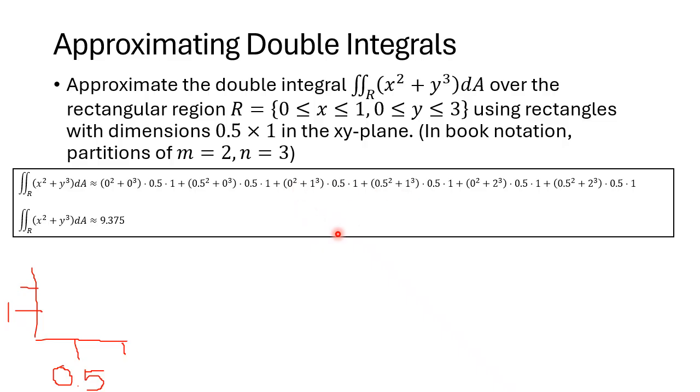So it's just a process of, for each of these boxes, we're going to calculate the volume of it, and then we're going to move on to the next box.